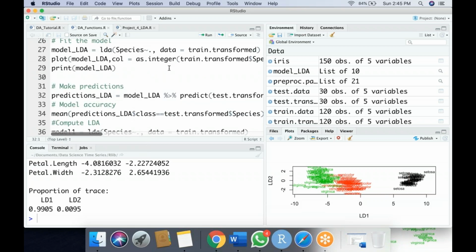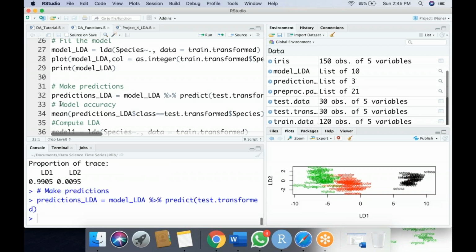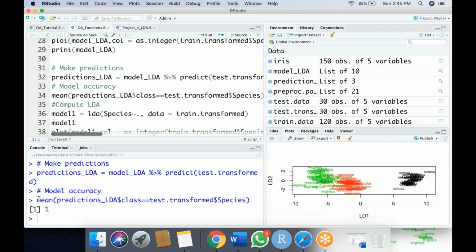Okay, so now we have already got our model using the training data. So let us go for a prediction. And now we have run our prediction, and let us test our model accuracy. Although here we are seeing a very high level of accuracy, 100%, at the same time we don't have to be very happy about it, because it's a very small data set.